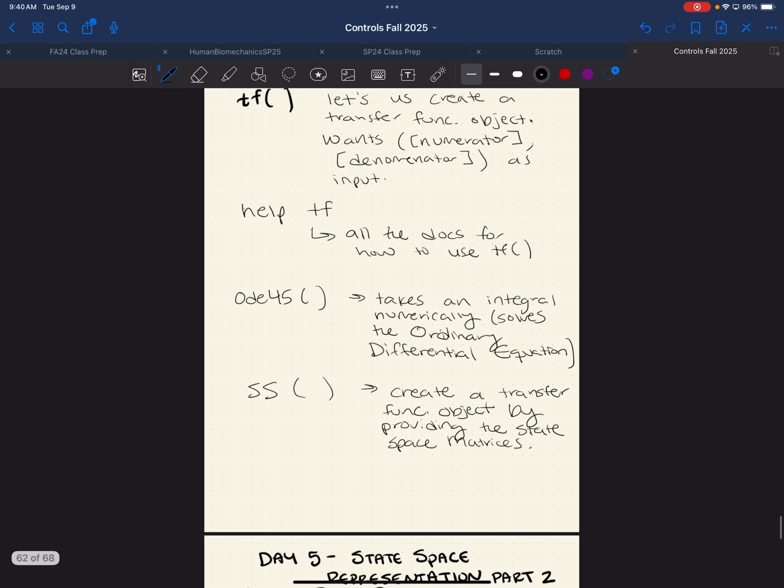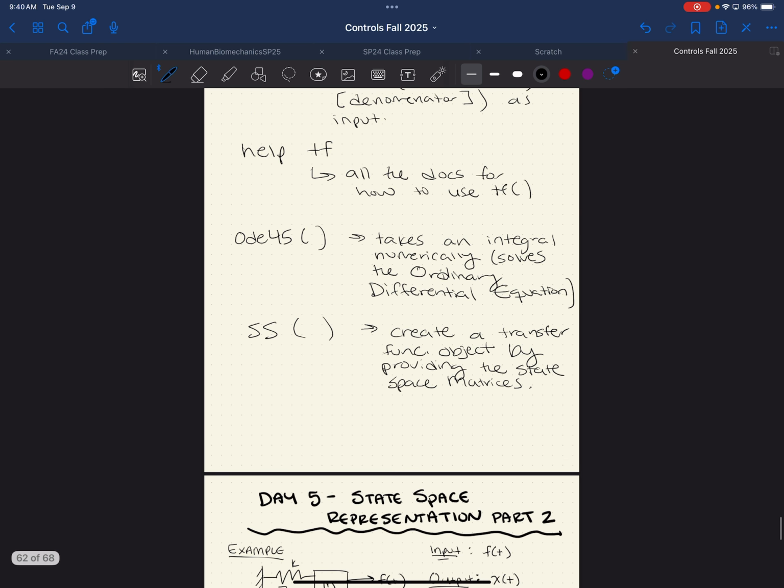Okay, so if state space is written as, and this was important on your quiz, x dot equals Ax plus Bu, and y equals Cx plus Du, then what SS wants is A, B, C, D. A, B, C, D. Okay, and we're going to practice that one today at the very end of class.